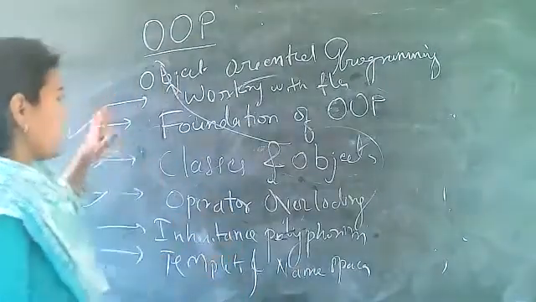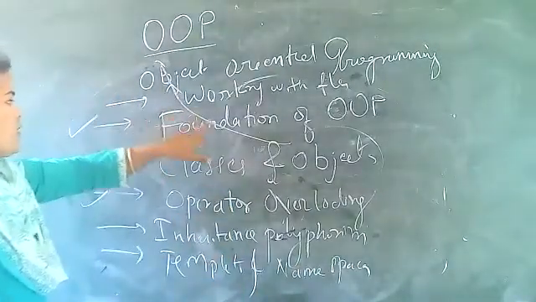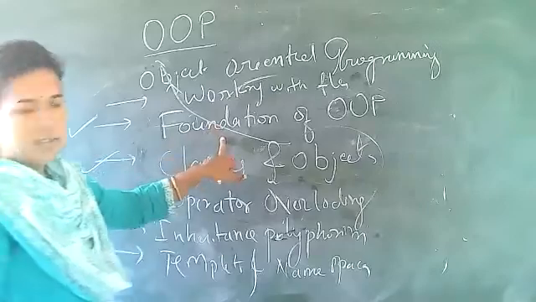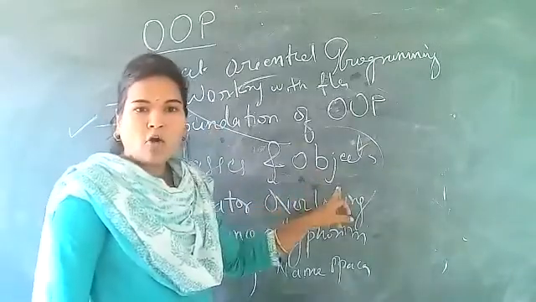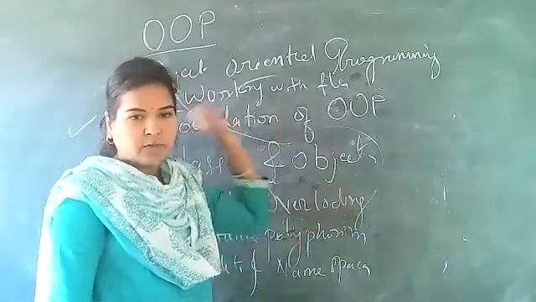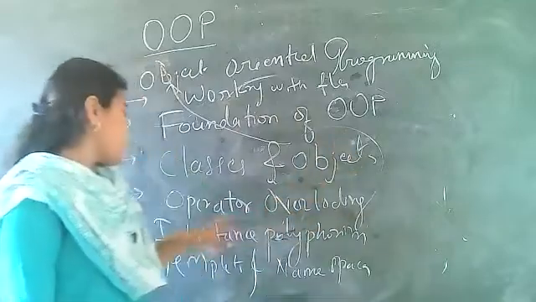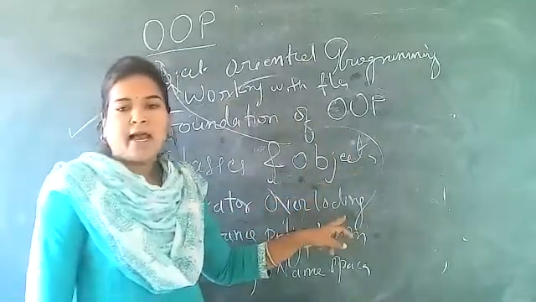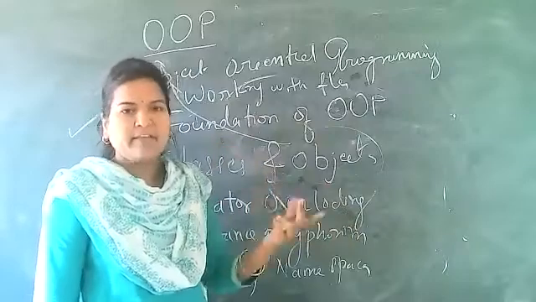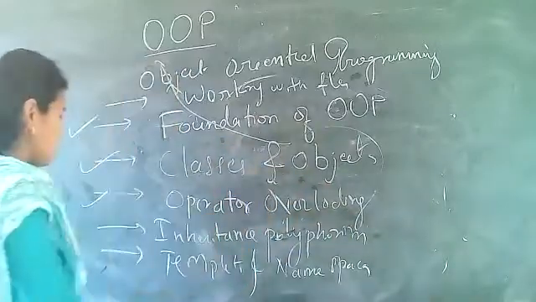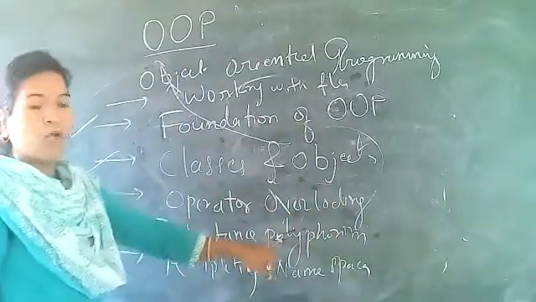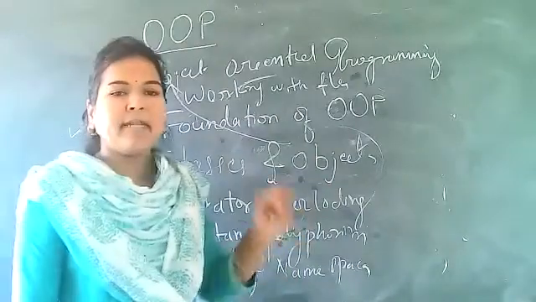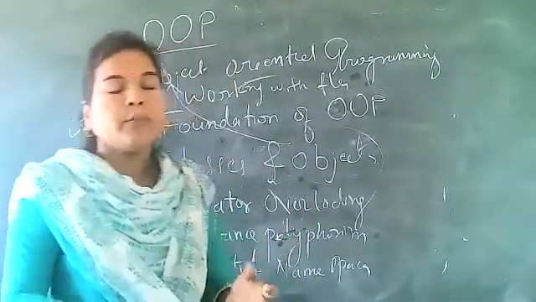So listen carefully. First we will study the foundation. Second, we will study the object. The main thing here is the object, so it is very important. Next, we will study the operators, addition, subtraction, multiplication, whatever it is. Next, inheritance and polymorphism. These are very important concepts in OOP.